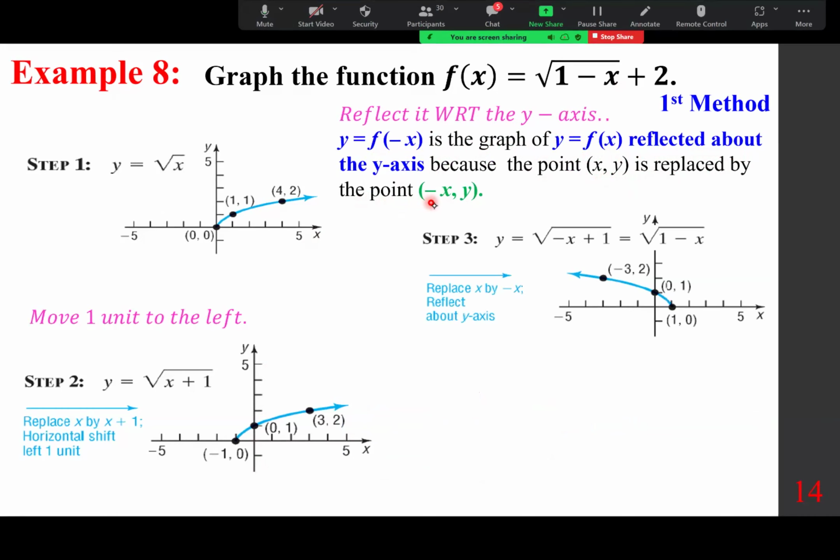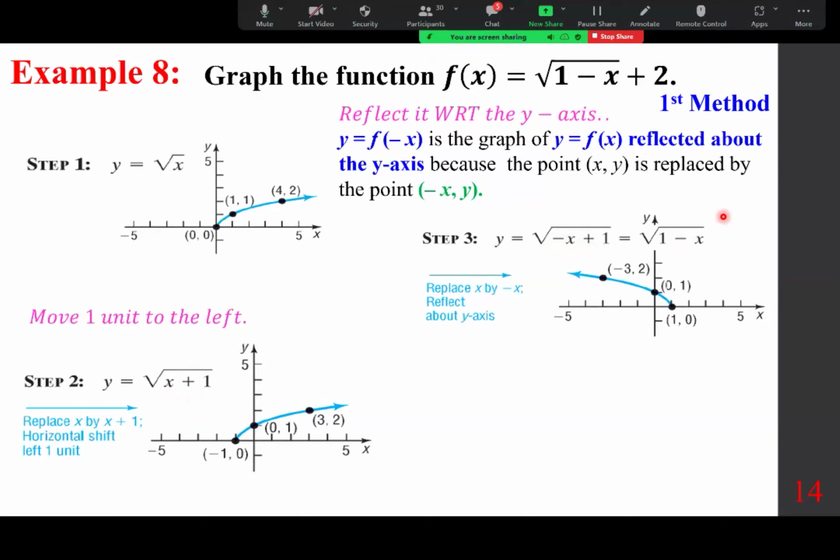and so we change this to minus x plus 1. You reflect it like so. Now, please understand minus x plus 1 under the radical, or 1 minus x under the radical are identical. In other words, by the reflection we change the x to minus x, but we know it means the same thing.